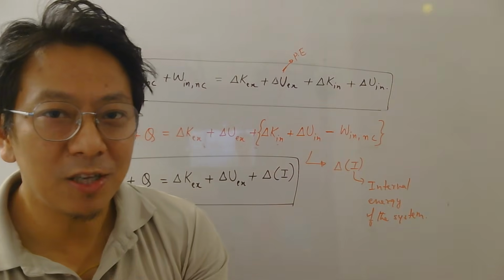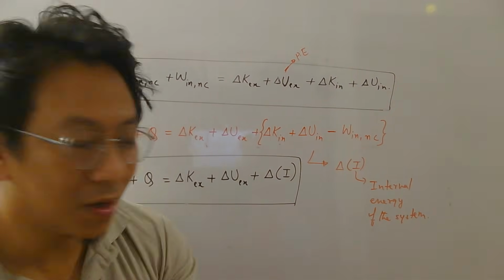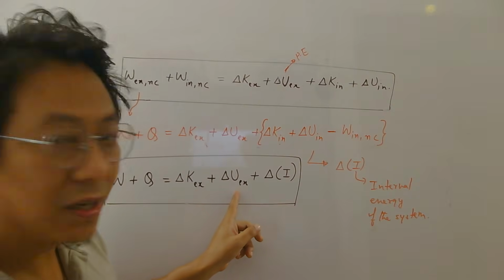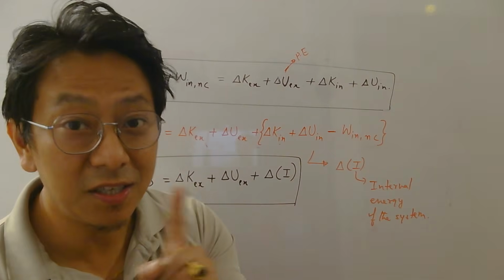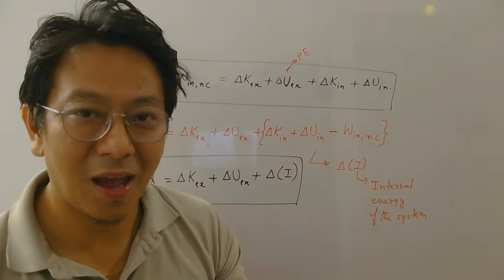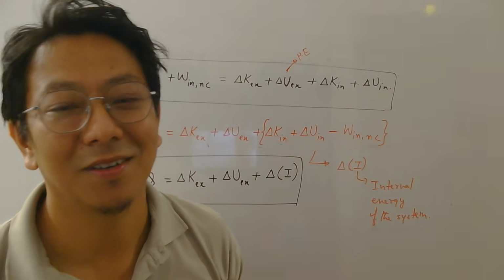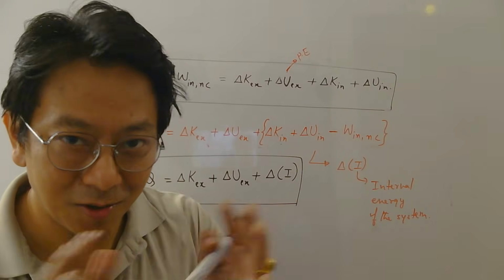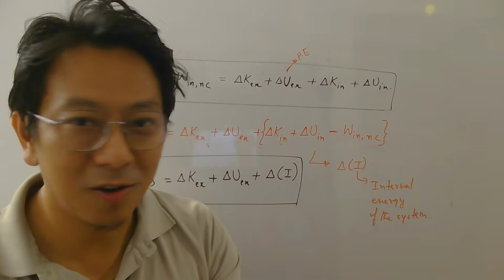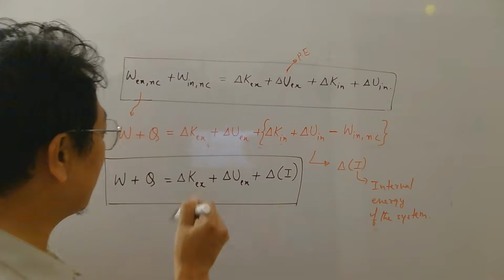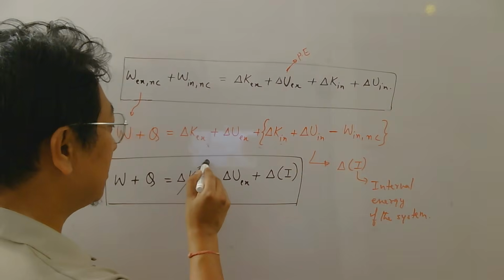Now in thermodynamics, we usually consider cases where the external kinetic energy or potential energy doesn't change. So it could be a gas in a container at rest. So since it is at rest as a whole, the center of mass will not move around. So the change in kinetic energy external will be zero.